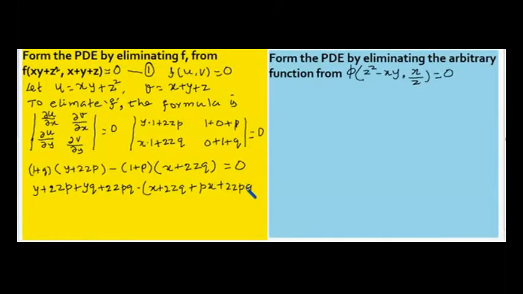Expanding this term, first you multiply by 1, y plus 2zp, it is y plus 2zp. Then multiply y plus 2zp by q, it is yq plus 2zpq, minus of 1 plus p multiplied by x plus 2zq, minus of x plus 2zq plus px plus 2zpq is equal to 0.